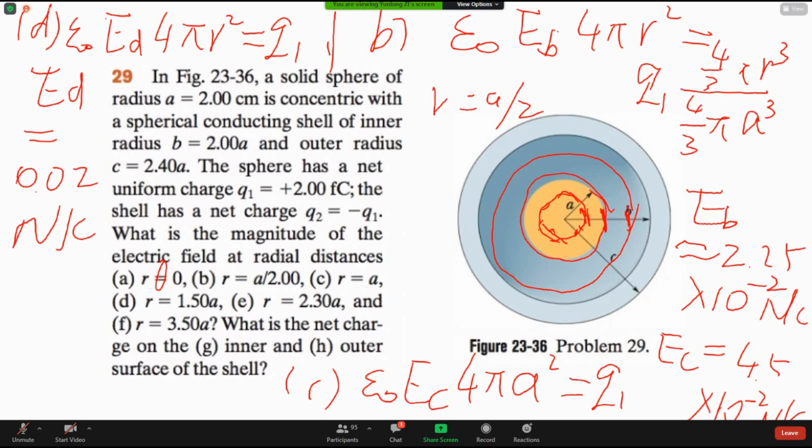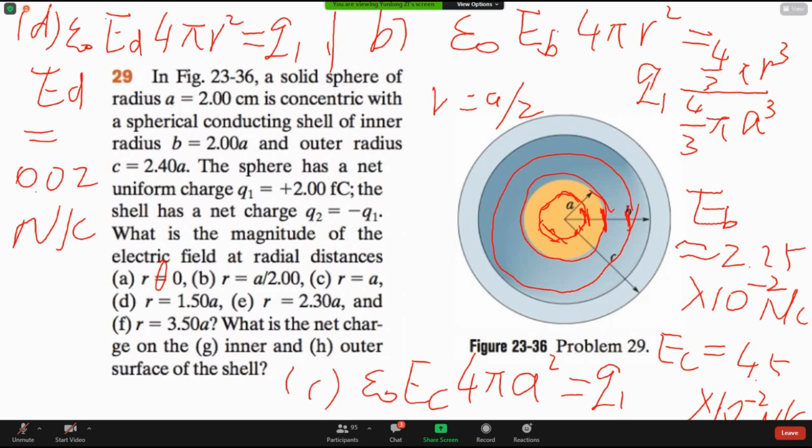Someone is asking why EB is not 0. EB is not 0 because the sphere is non-conducting. If it were conducting, then EB should be 0. If it's not conducting, then EB should have some value, determined by the charge enclosed by the Gaussian surface.